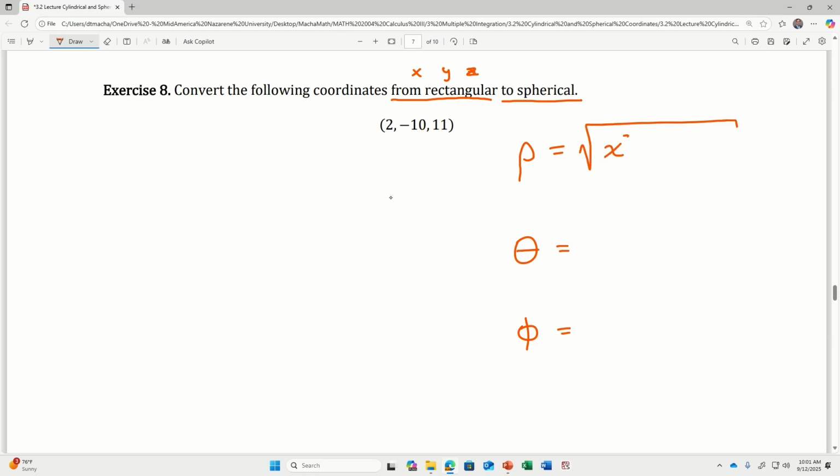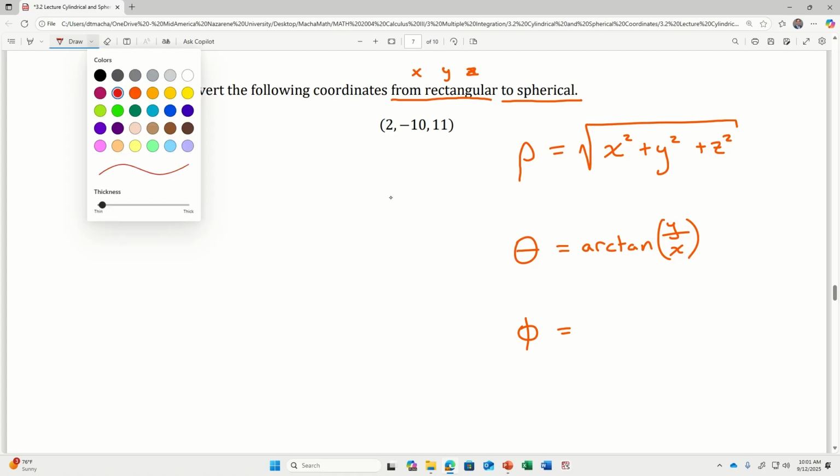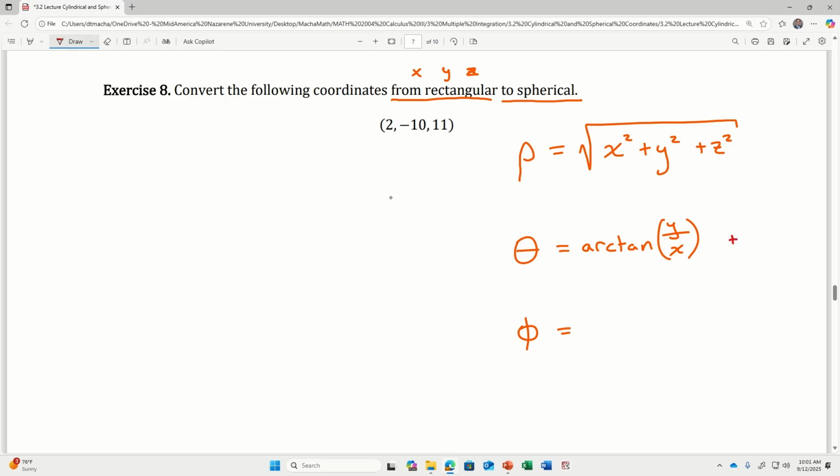So rho is going to be the square root of x squared plus y squared plus z squared. Theta is the same theta from cylindrical coordinates, and so we can reuse the same formula. It's going to be the arctangent of y over x. And maybe, if you know you're on the left side of the y-axis, so you're in quadrants 2 or 3, then you might have to add pi.